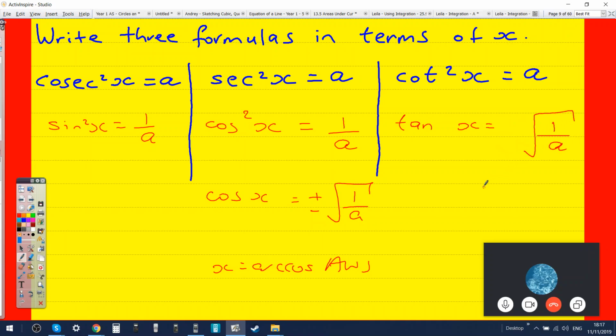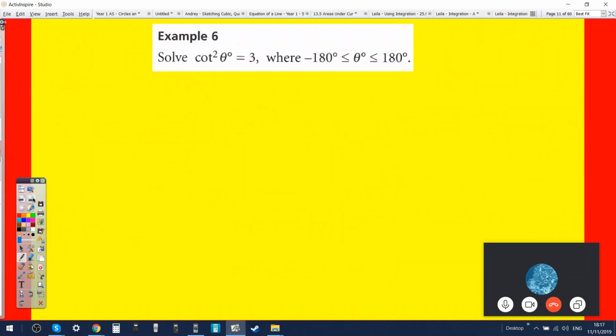So yeah, x equals arctan 1 over a. Something's still missing. Root 1 over a. And something's still missing. Plus minus. Yes. And the plus minus happens there on the root. Okay. So you've done that.